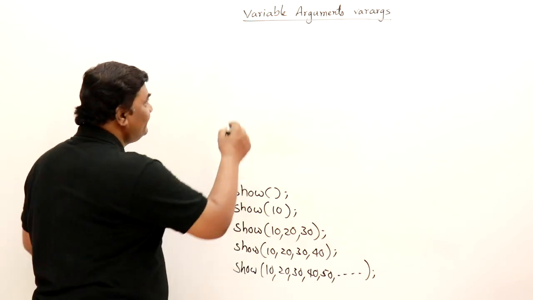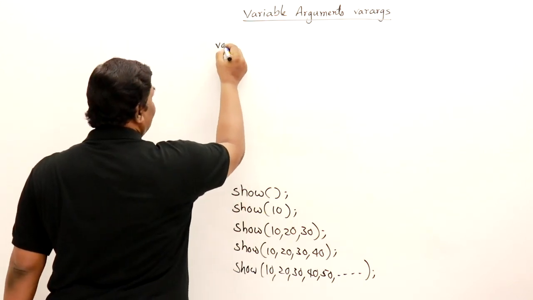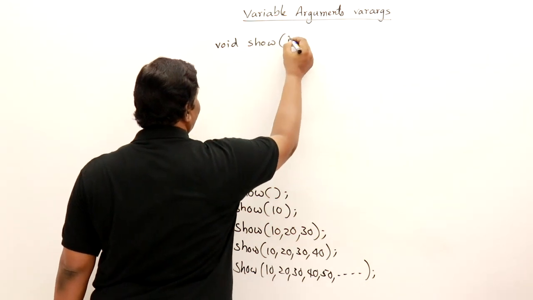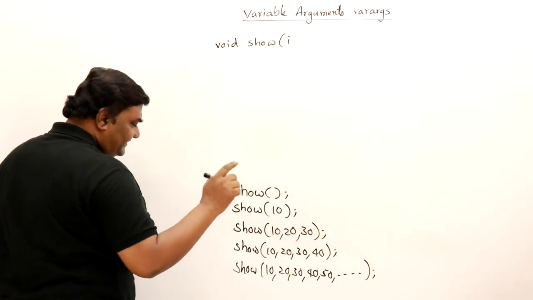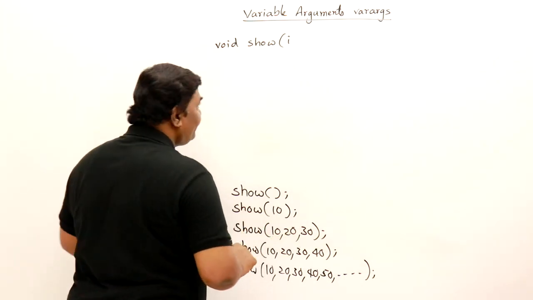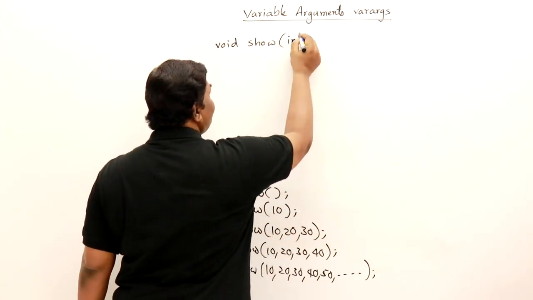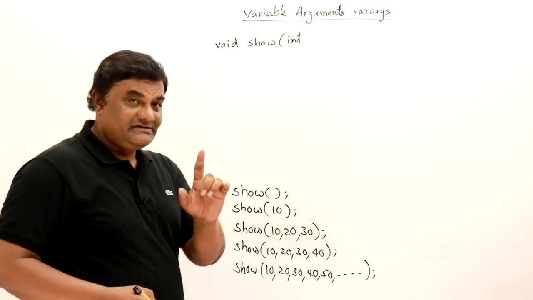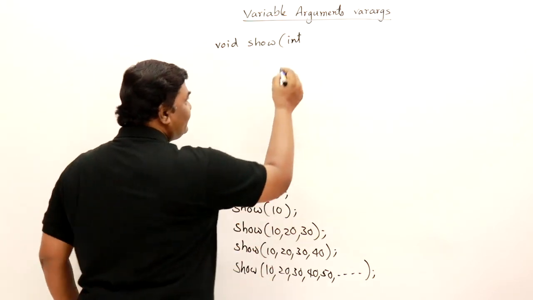So let us see how to write this method. I'll write a method void show. Now this takes integer values. I am passing integer values, and one important thing is all these values are of the same type, right? They are not of different type. So integer type. If you say no, I want to pass float, then you can take floats. All must be the same here, right? All are integers.